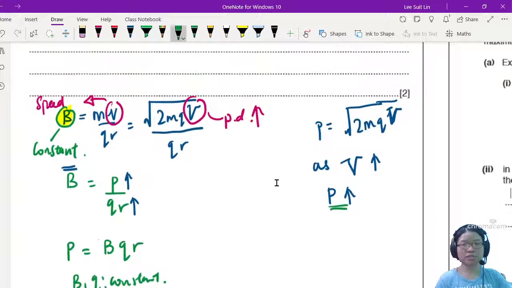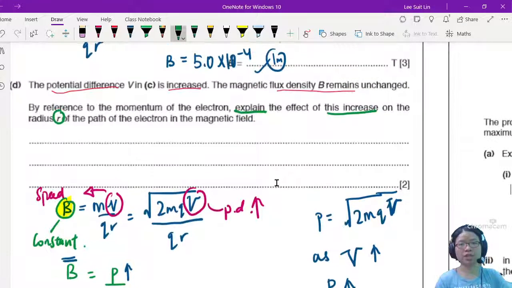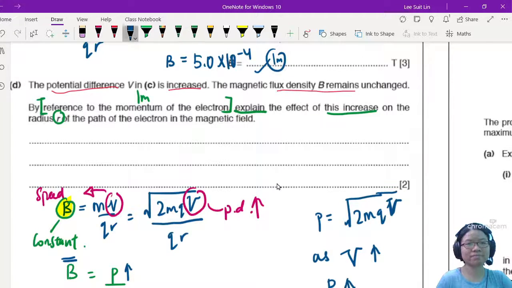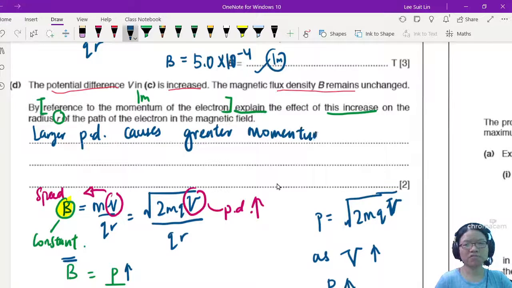The first thing I would say is to relate it with momentum first, because they're asking you to refer to momentum. So definitely here you get 1 mark. Right here: larger potential difference causes a greater momentum of the electron. First point.